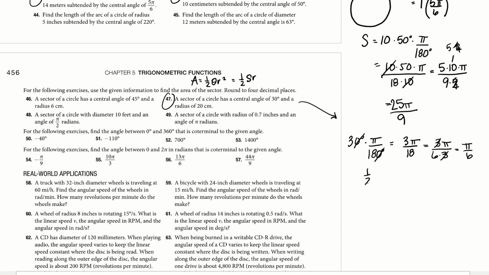So that means we have half times pi over 6 times r squared, because we're using this one now. The radius is 20.